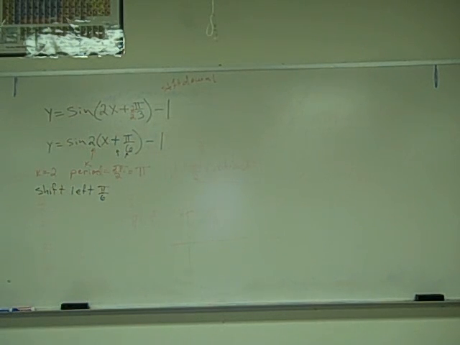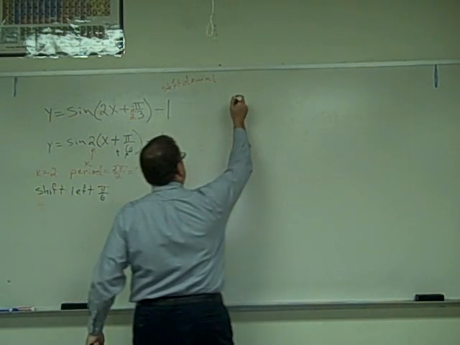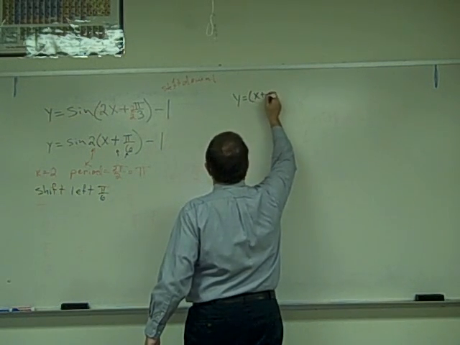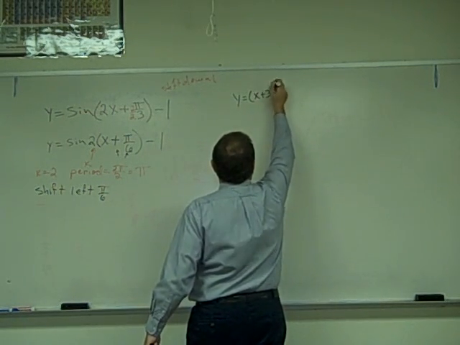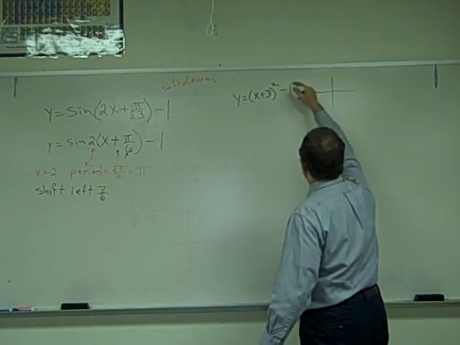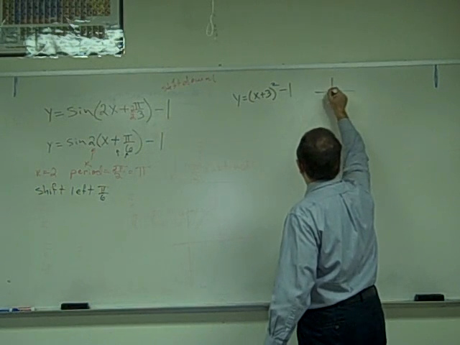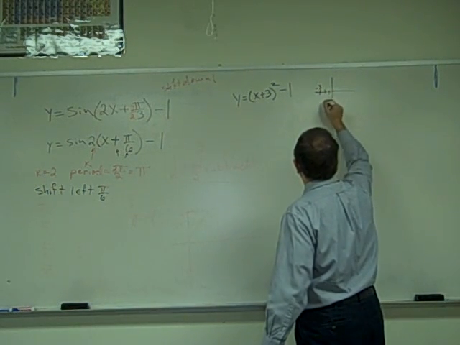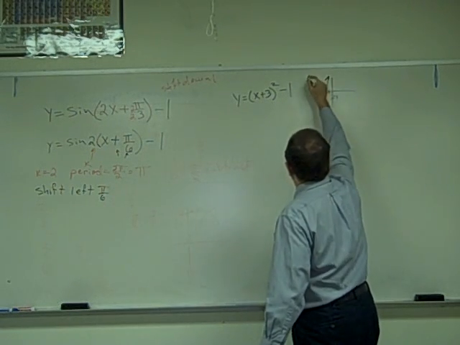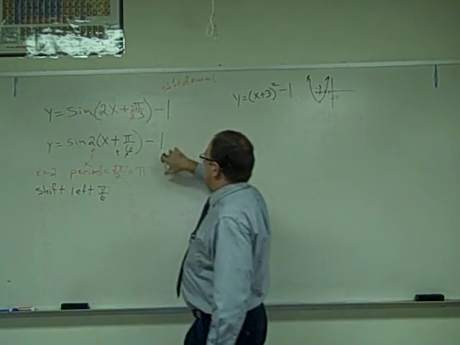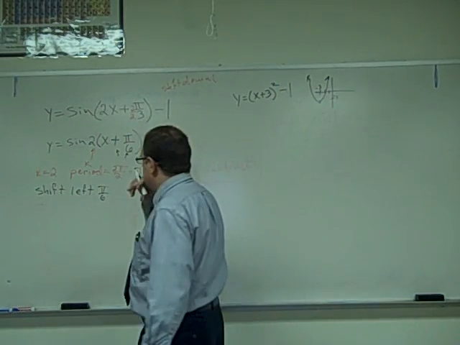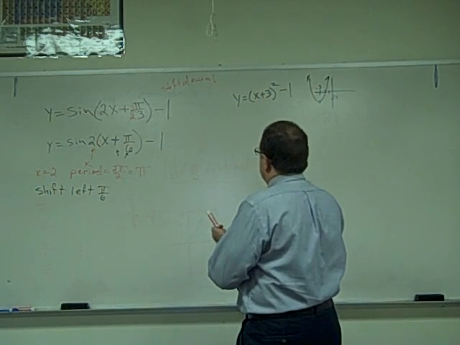Okay, this would be equivalent to a parabola, y equals x plus, let's say, 3, close parentheses squared minus 1, right? Where it shifts down 1 and to the left 3, right? Well, this one's going to shift down 1 and to the left pi over 6. So that's one way to kind of look at that.